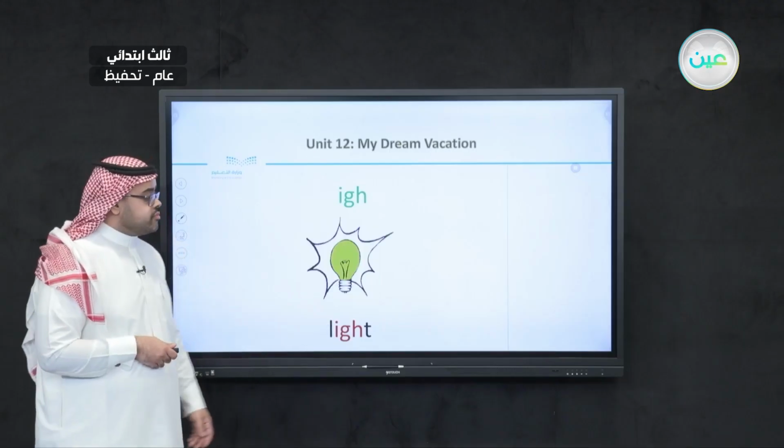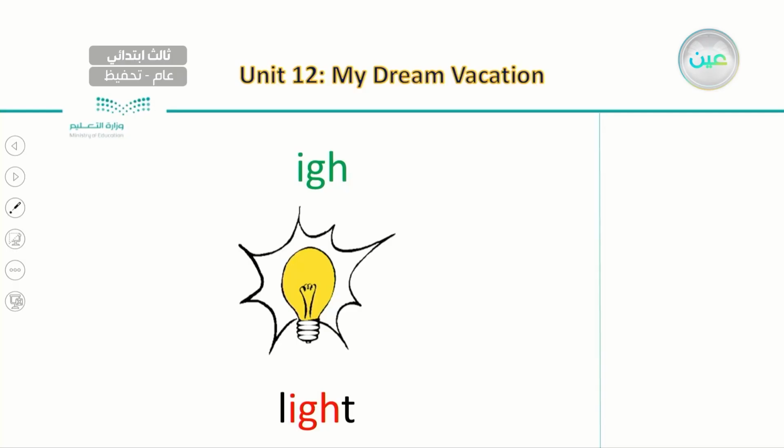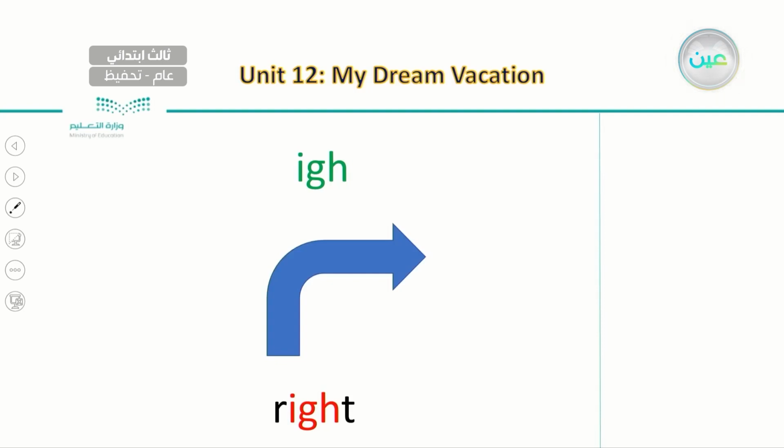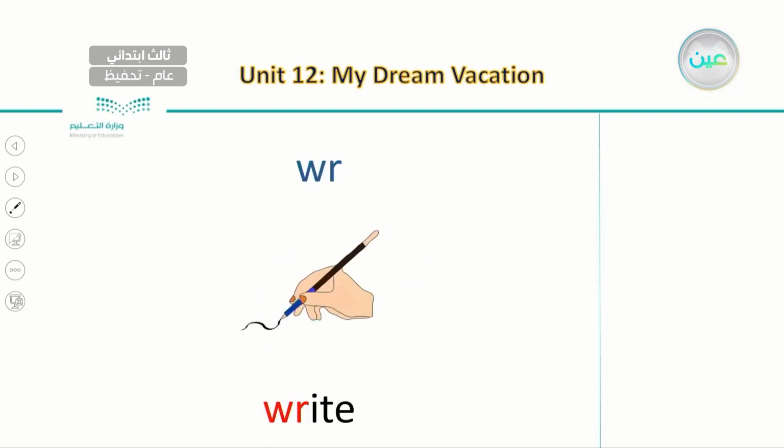The other word is light. Say after me, light. Here we kept G and H silent. The same goes for this word, right. We kept G and H silent as well.